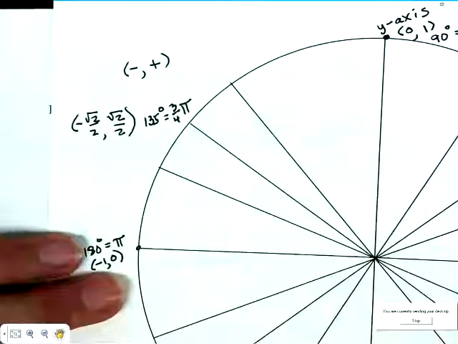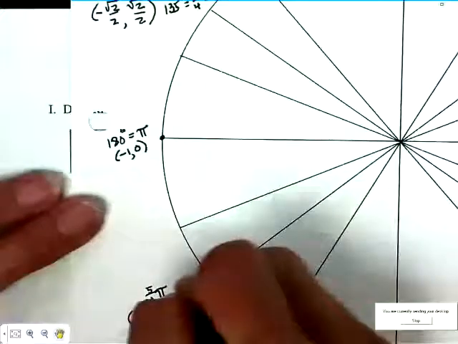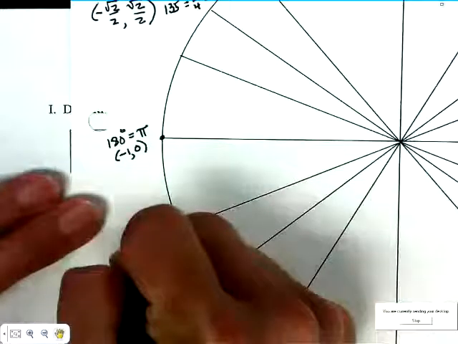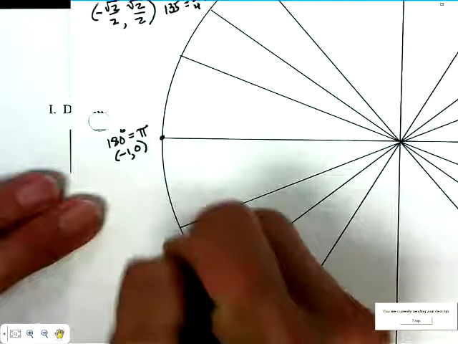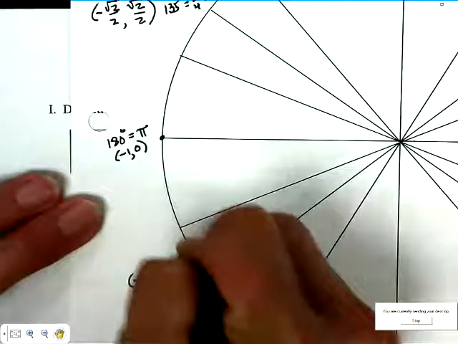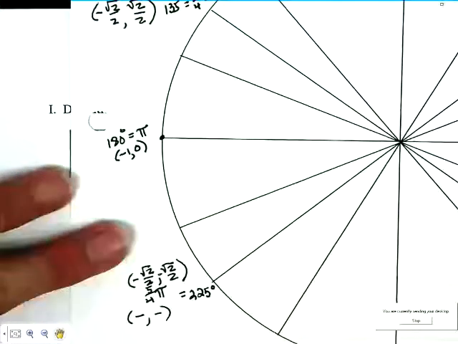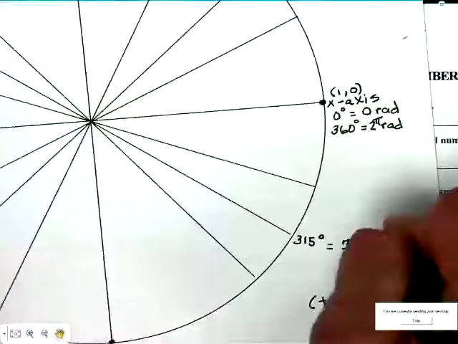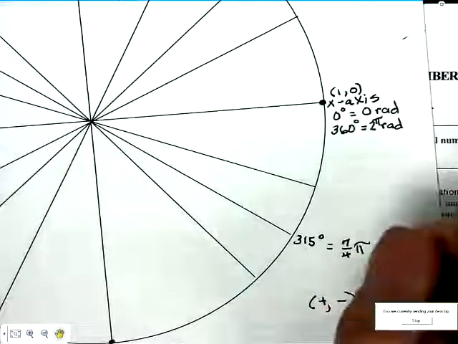My quarter pi in the third quadrant, both the x and the y would be negative. And in the fourth quadrant, my x would be positive and my y would be negative.